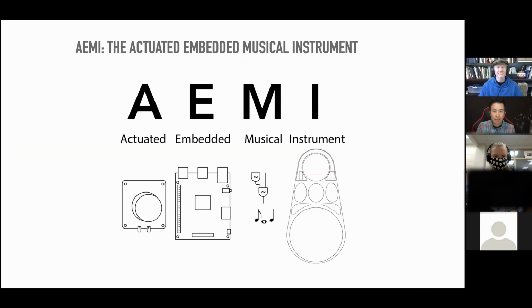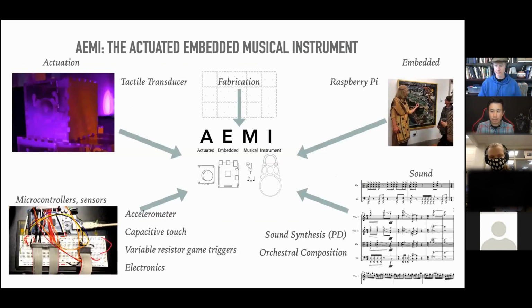Move forward. So part of the research that sort of influenced all of those things, taking in different types of sensor data, microcontrollers, audio synthesis, turned into this instrument that I called AMI, the embedded actuated musical instrument, where I'm using the actuation from the installation from the cubes, social structure, Arduino, microcontrollers, all those things that I touched on previously, into one instrument that a performer who could read music or musical notation could perform with.